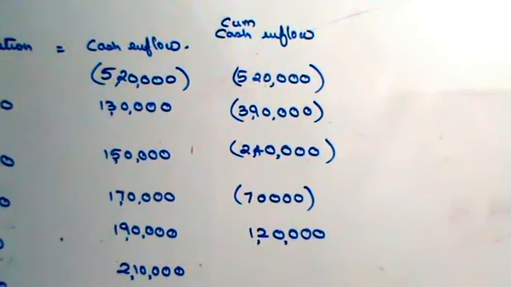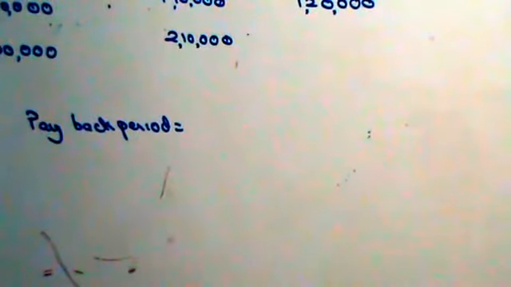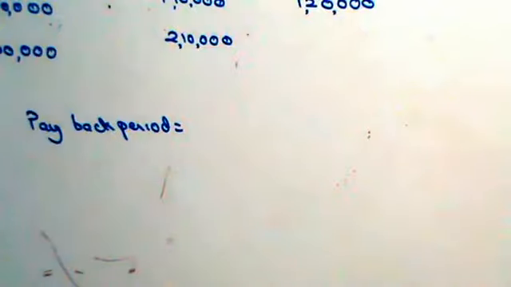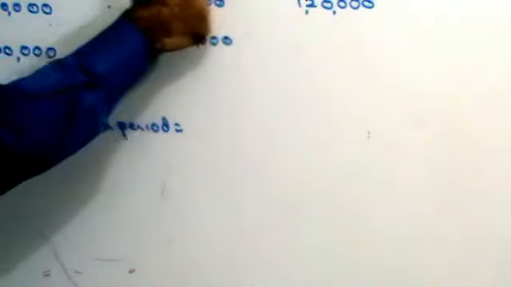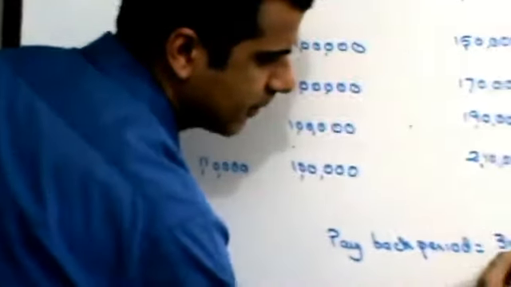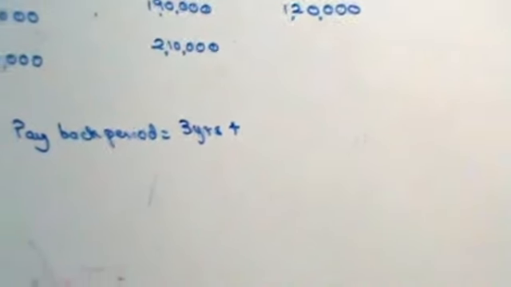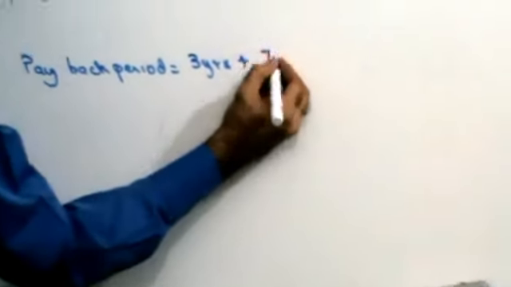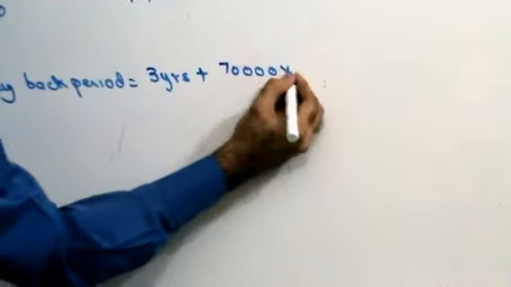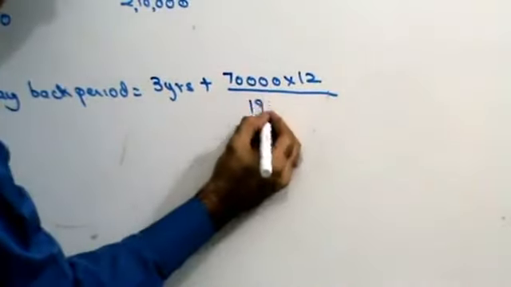So your payback period is going to be the total number of years for which cumulative cash inflow was negative. The final year in which the cumulative cash inflow was negative is 3 years, plus multiply the negative cash inflow by 12 and divided by the adjoining positive cash inflow.